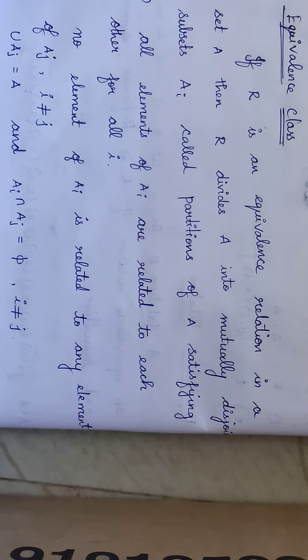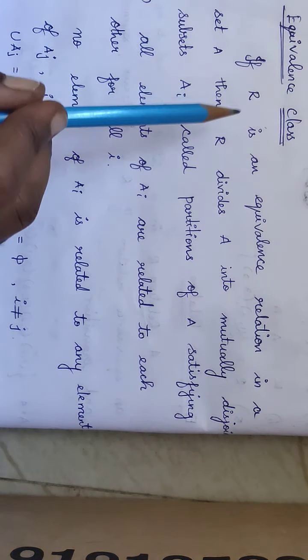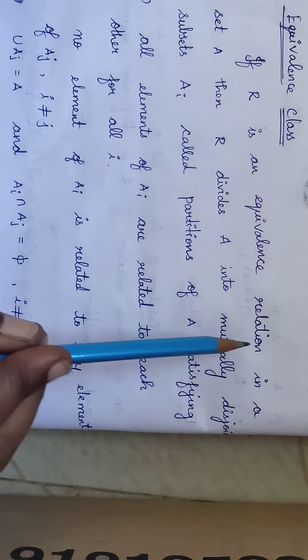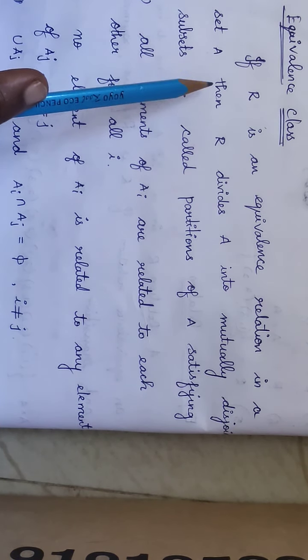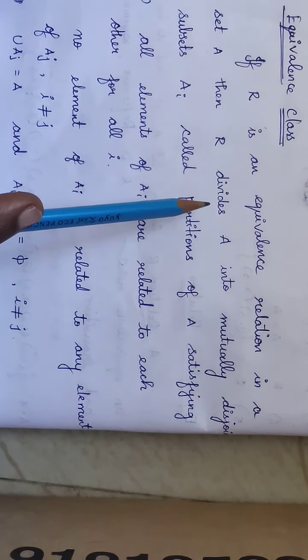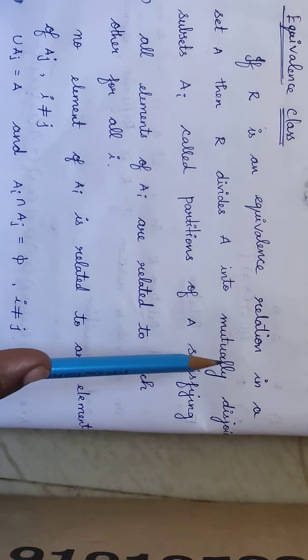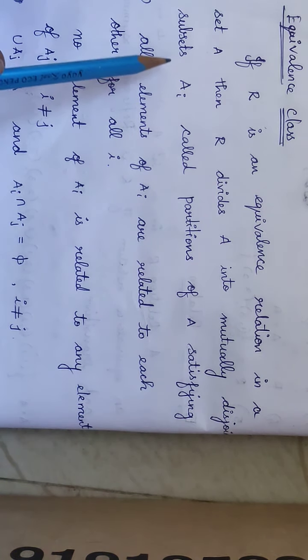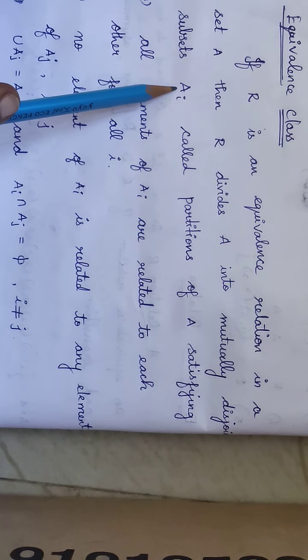The next topic is equivalence class. The definition for equivalence class is: if R is an equivalence relation in a set A, then R divides A into mutually disjoint subsets Ai.